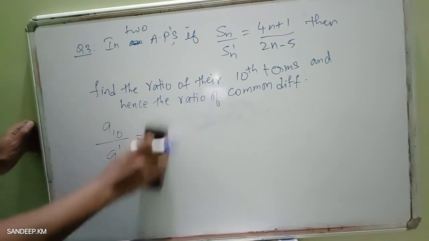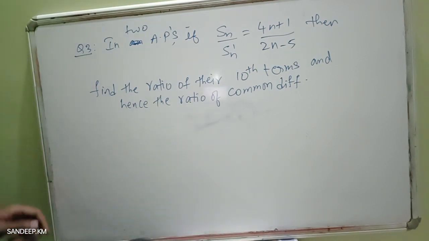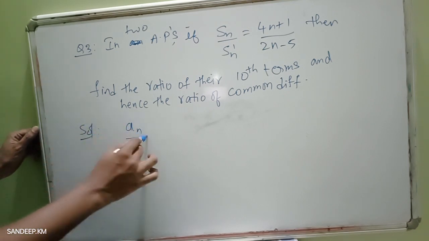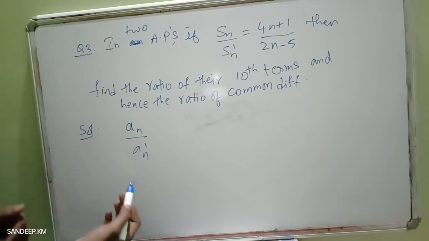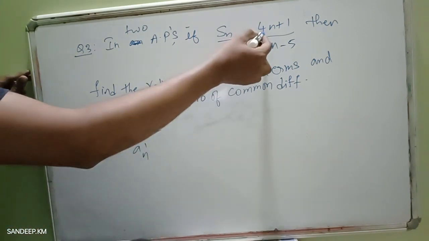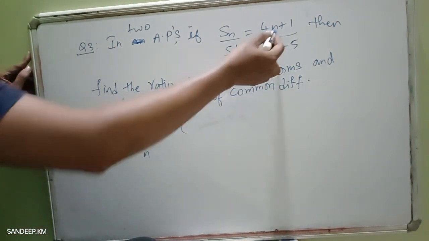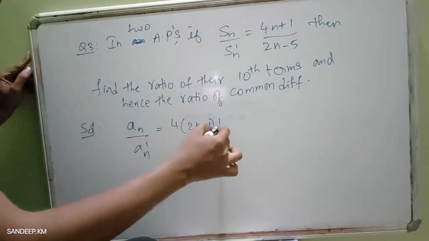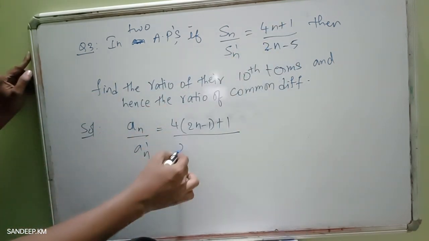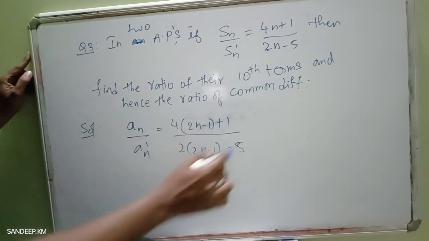I'll find An by An dash first. An by An dash or Tn by Tn dash, both have the same meaning. So I'm writing the shortcut: 4 as it is and n is replaced with 2n minus 1, plus 1 as it is, divided by 2 as it is and n is replaced with 2n minus 1, minus 5 as it is.